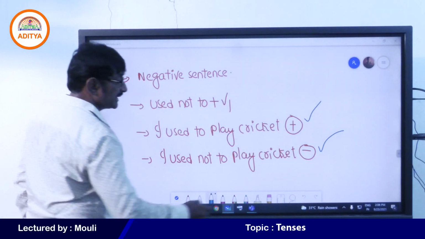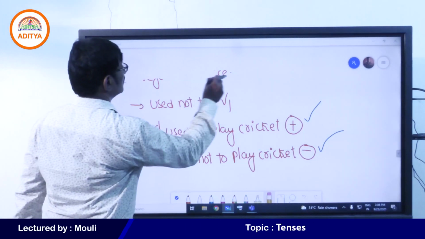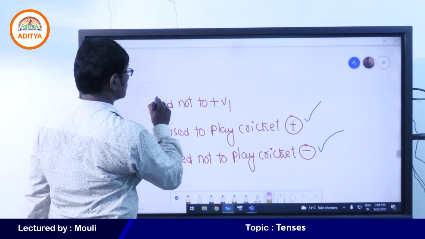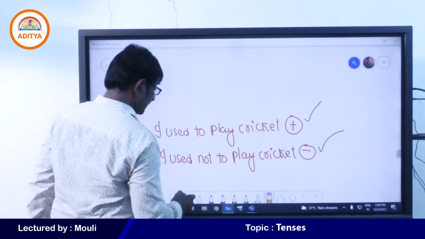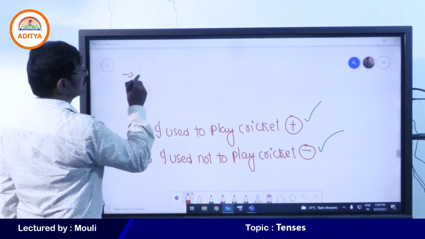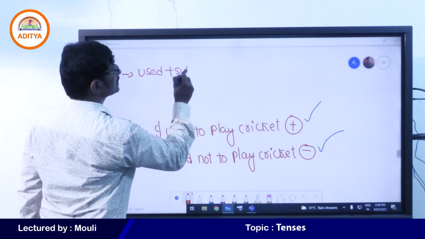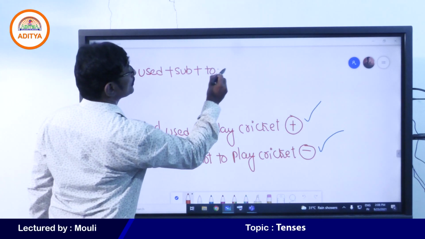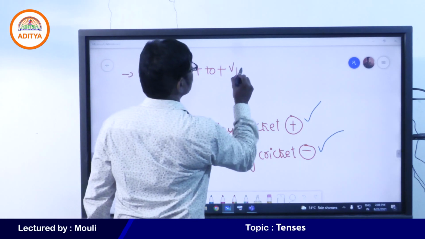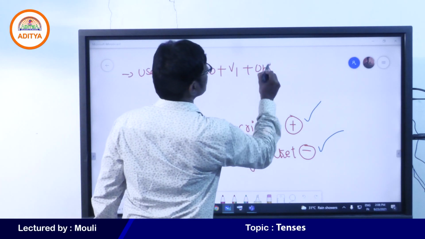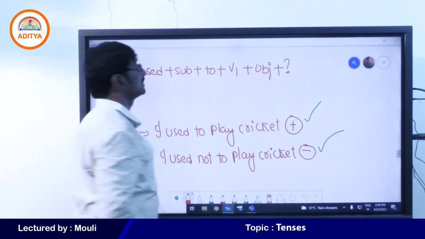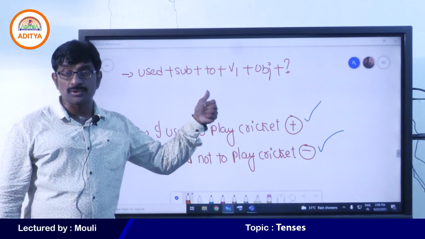When we go for an interrogative, we can write like this: Used plus subject plus to plus V1 plus object plus question mark.